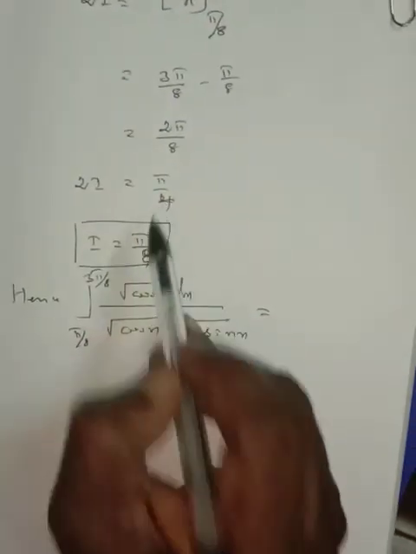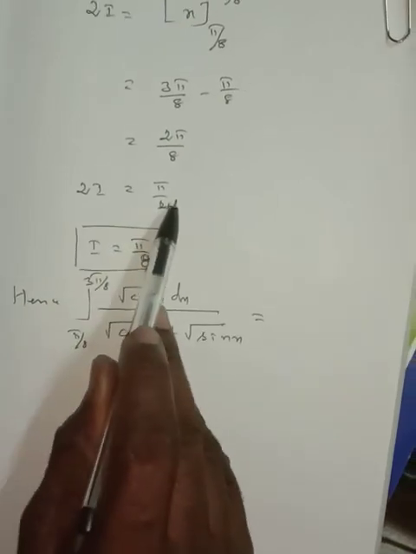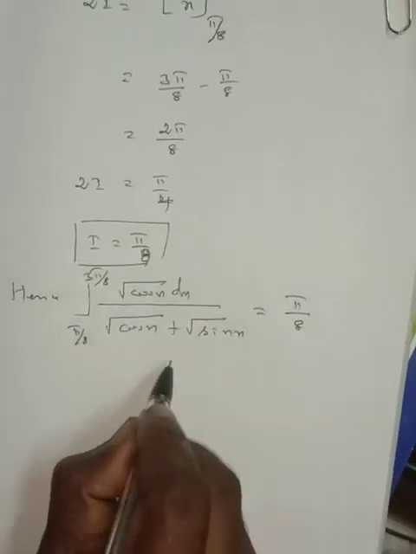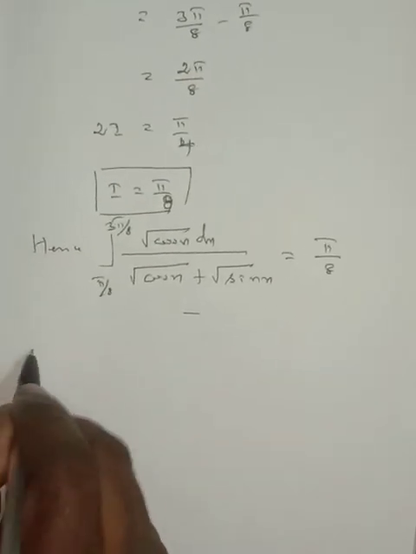So pi by 4, cross multiplying, I is equal to pi by 8. So pi divided by 8. Hence the result.